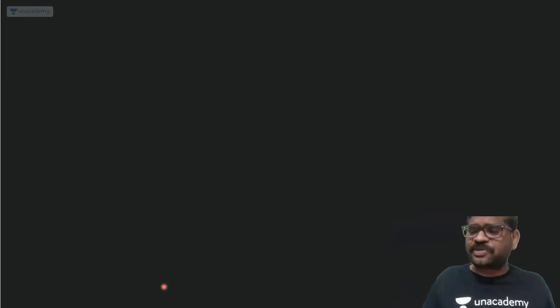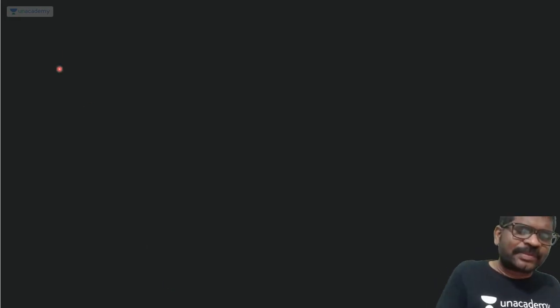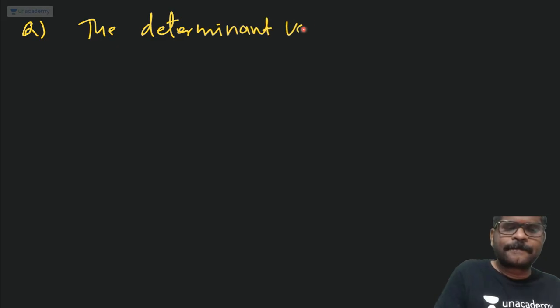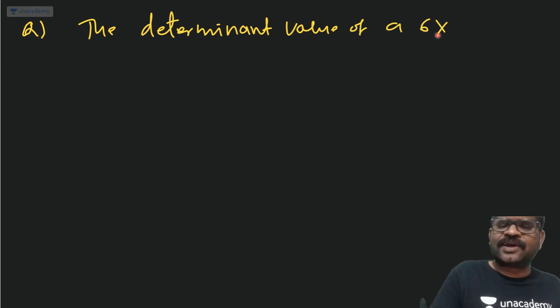Next problem. Concentrate. Similar problem we have. The determinant value of a 6 cross 6 matrix.